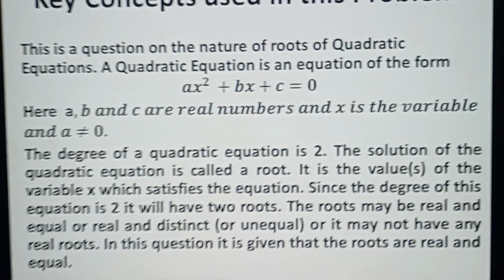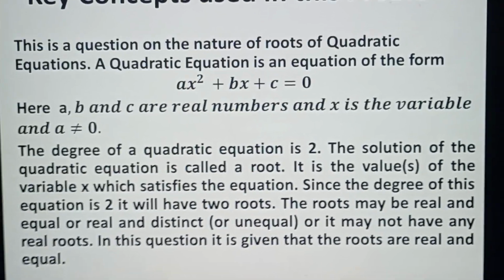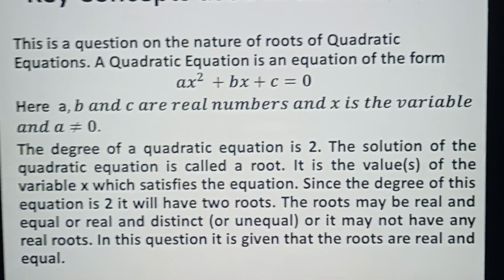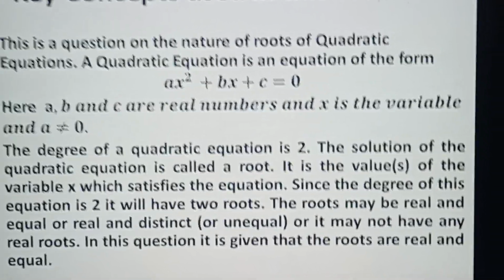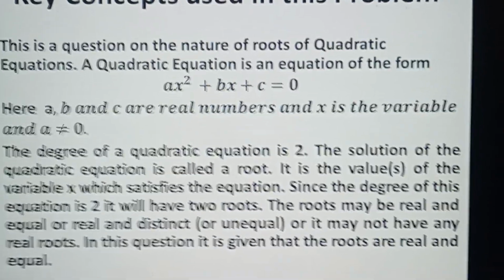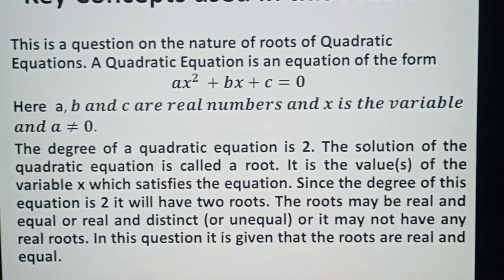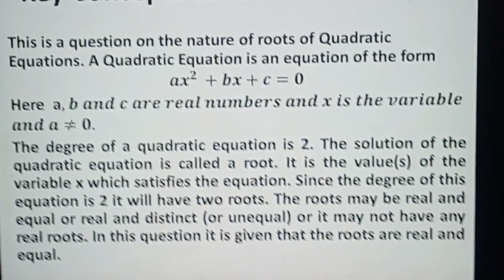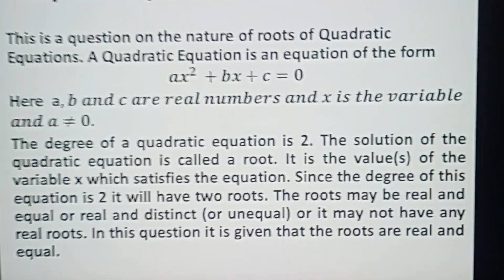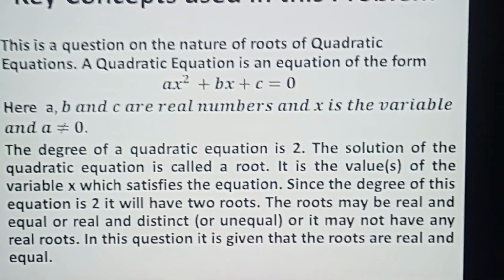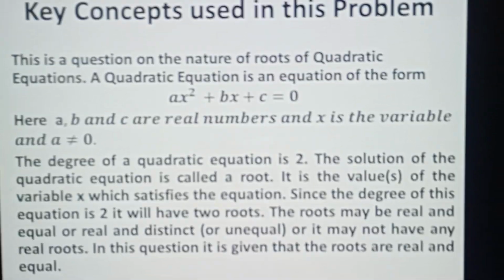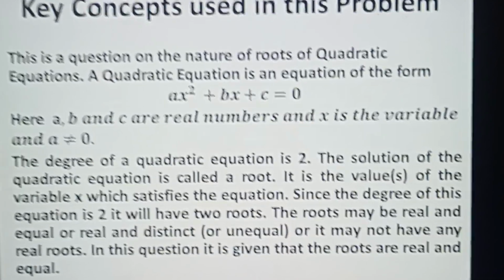Here a, b and c are real numbers, x is the variable, and a is not equal to 0. Then only it can be a quadratic equation, because it is an equation involving one variable of degree 2.